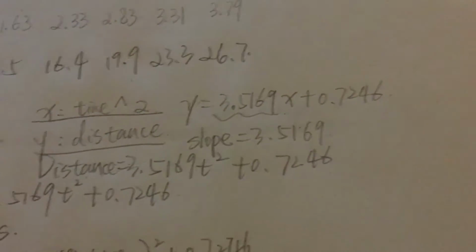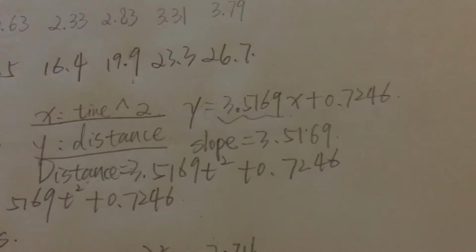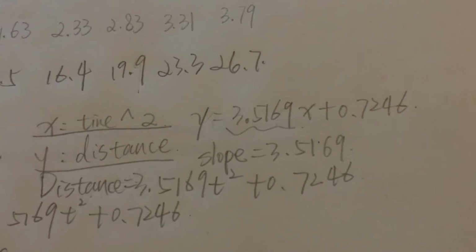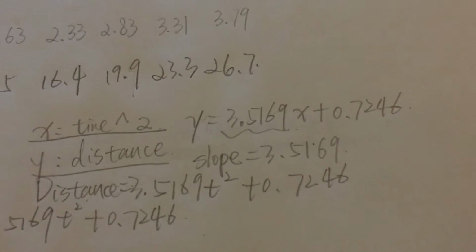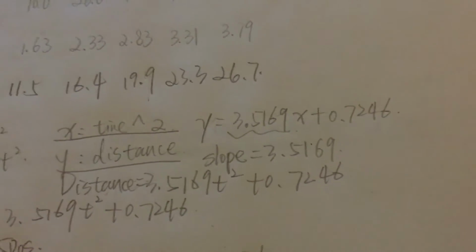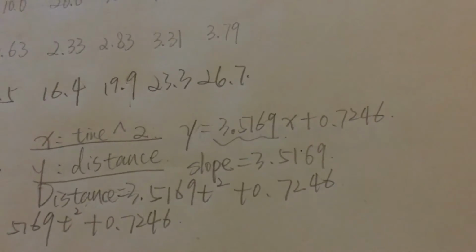And then from the graph that I got, distance is equal to 3.5169 times time squared plus 0.7246.